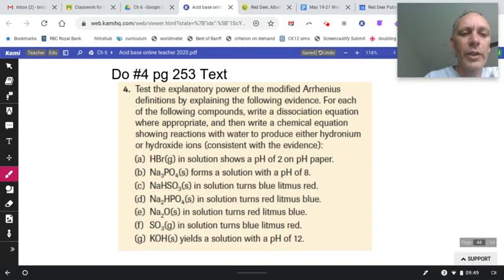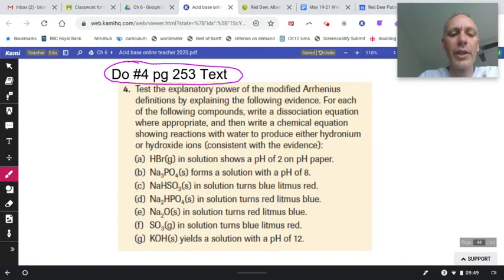I only have one question for you to do in your textbook, number 4, page 253. So there's 7 of these to work on. So I want you to show how they can act as an acid or a base, and you're given a hint by looking at the pH to tell you if it's an acid or a base, so then you know how to react it with water.